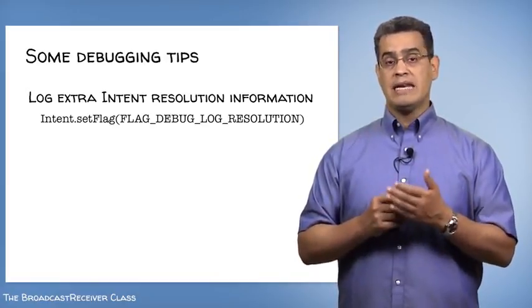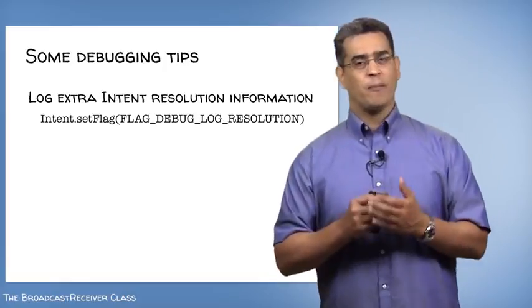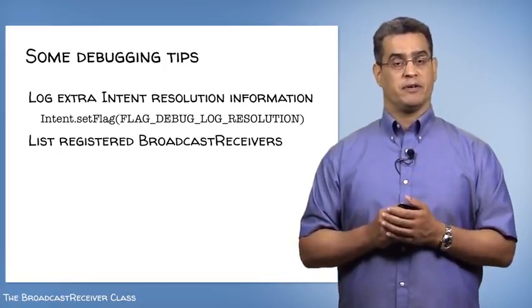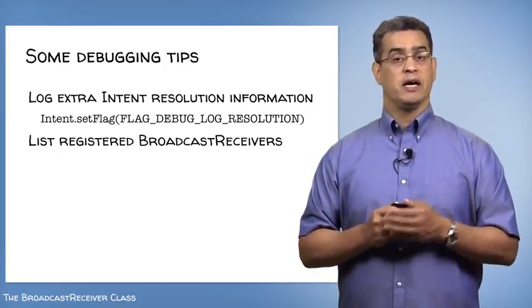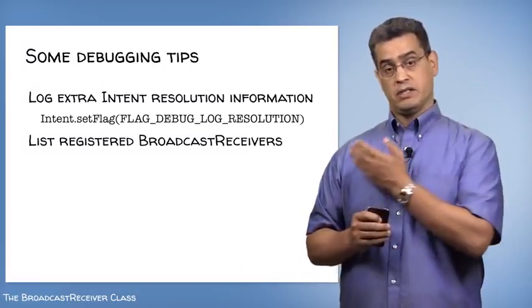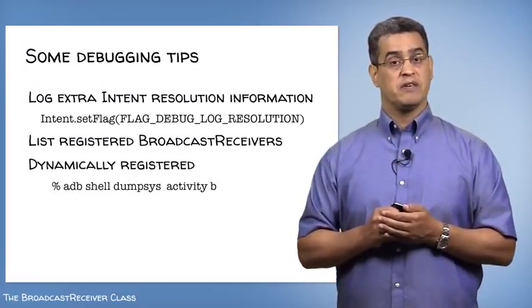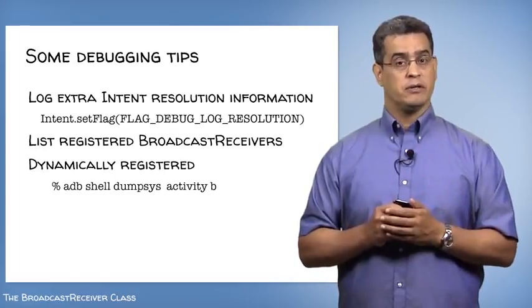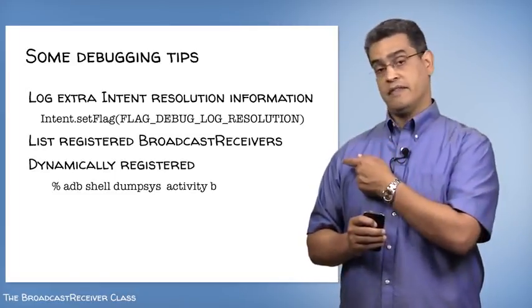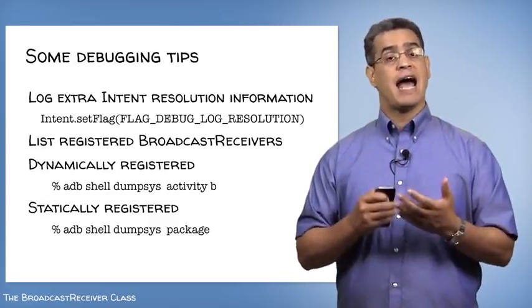Another is to use the ADB tool to find out what broadcast receivers have been registered. And you can use the dumpsys command, like this, to show broadcast receivers that are dynamically registered, and you can use it, like this, to show those that are statically registered.